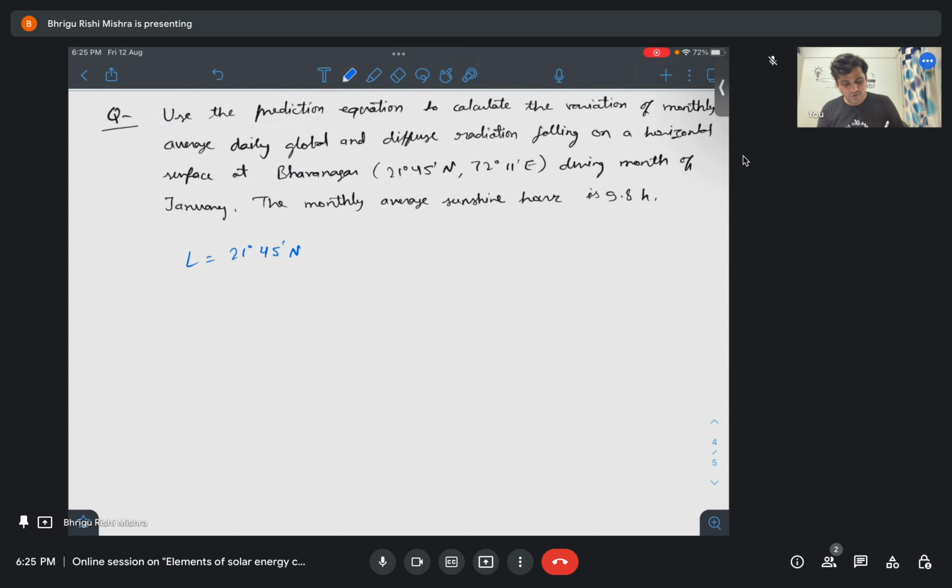First we need to change this minute into degree, so it will be 21 degree plus 45 by 60 degree north, so it will come around 21.75 degree north, or simply 21.75 degree.